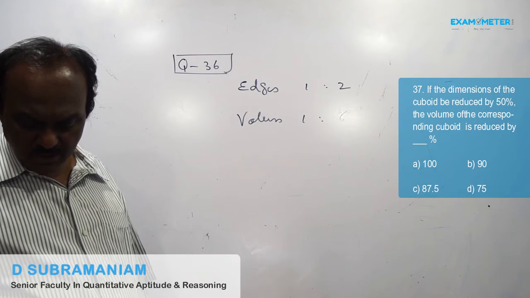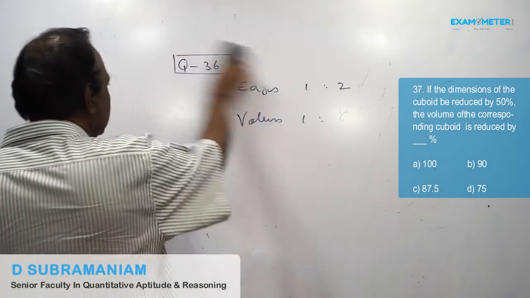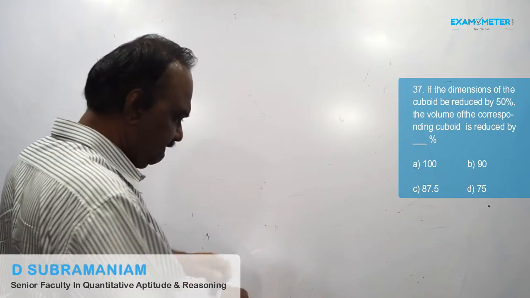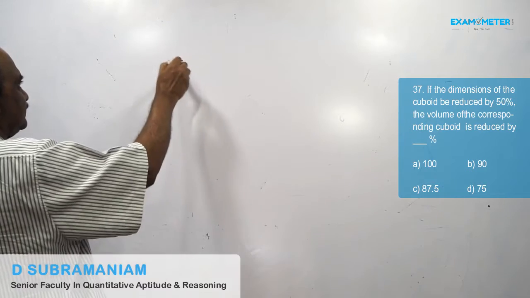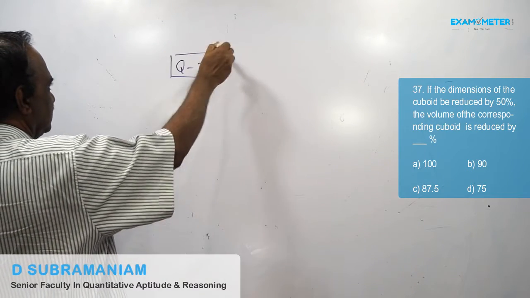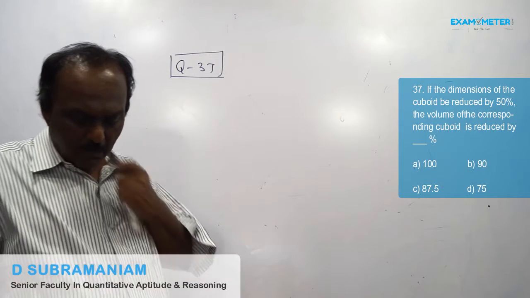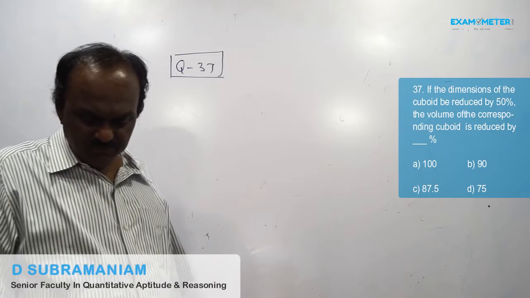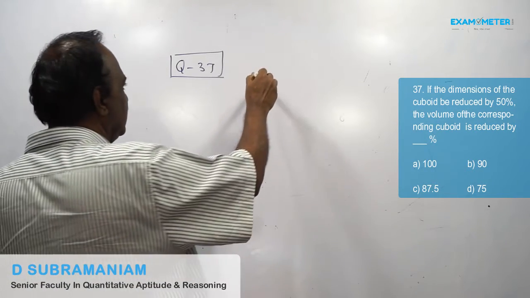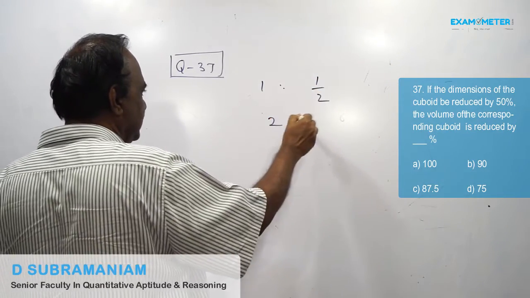If the dimensions of a cuboid are reduced by 50%, the volume of the corresponding cuboid is reduced by how much percent? First step, ratio of dimensions is 1 to half, that is 2:1.